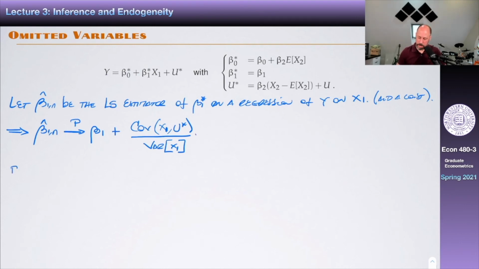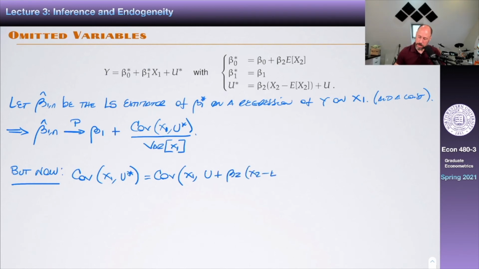But now, the covariance between x1 and u star is the covariance between x1 and u plus beta 2 x2 minus its expectation. This is equal to beta 2 times the covariance between x1 and x2, because remember that u is uncorrelated with x1 and x2.